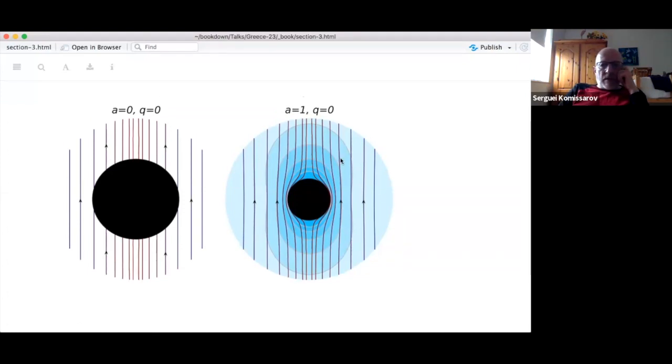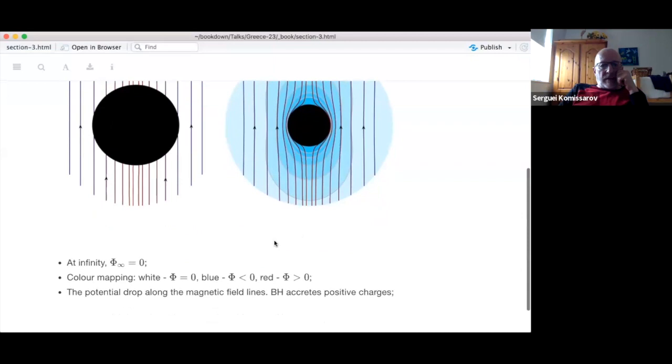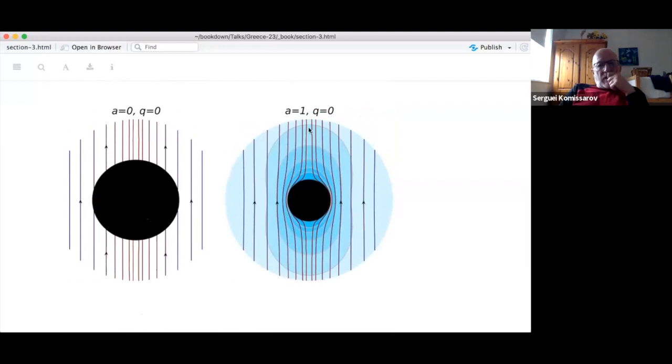What you can see is that the darker the color becomes, the larger the negative electrostatic potential becomes, and so there is a gradient of electrostatic potential along the magnetic field lines pointing outwards, and therefore the electrostatic force will be pulling electric charges towards the black hole.